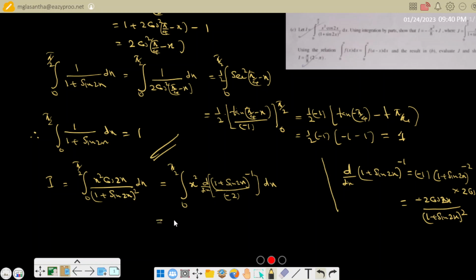Now you can apply integration by parts. So x squared into (1 plus sine 2x) to the minus 1 or minus 2.